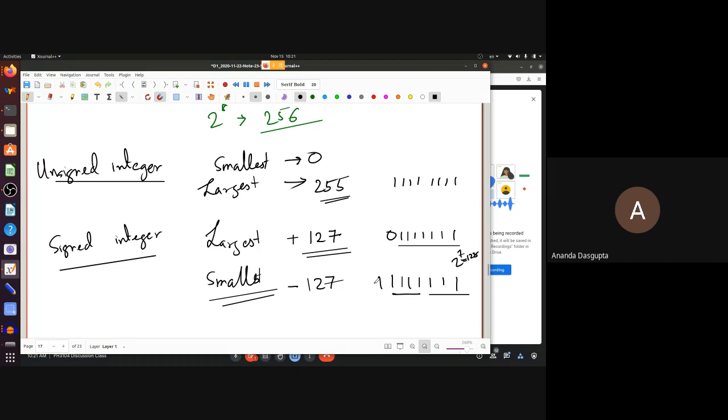So now comes the quiz or the puzzle. How many numbers is that in total, from minus 127 to plus 127? 255.